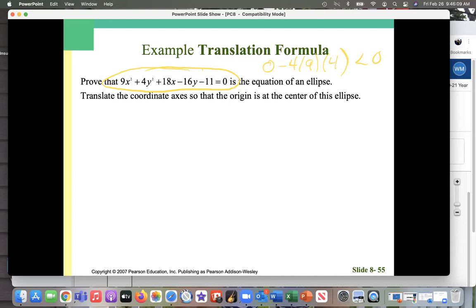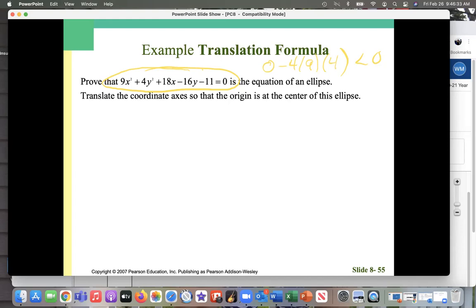Now, we did a little bit of that in that review, and we reviewed that earlier with that one question on the quiz, first question, right? So we're going to go through the process of how you would complete the square to turn this into a standard form equation. Okay. Well, here we go.